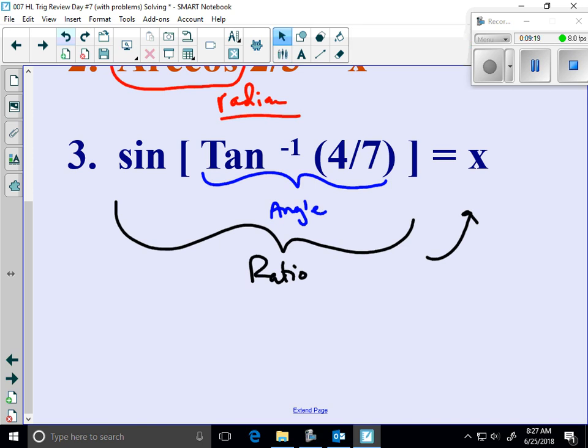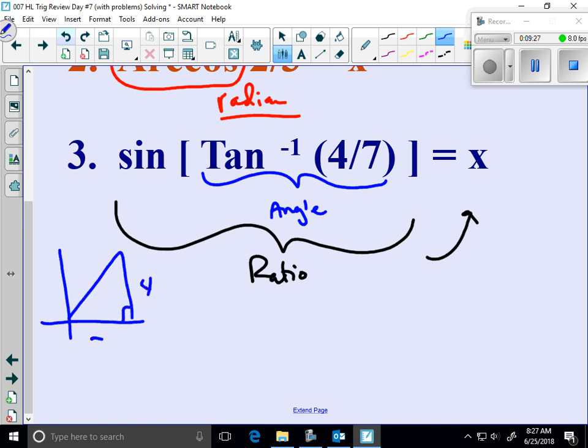So when I'm given this type of situation, I'm just going to draw a triangle. I'm going to draw an inverse tangent of 4/7, opposite over adjacent, 4/7. And if I want to find the sine of that angle, let's call this angle theta, I'm going to need the hypotenuse. Therefore, I got to use the Pythagorean theorem. So it looks like 16 plus 49, that's 65, so the square root of 65.